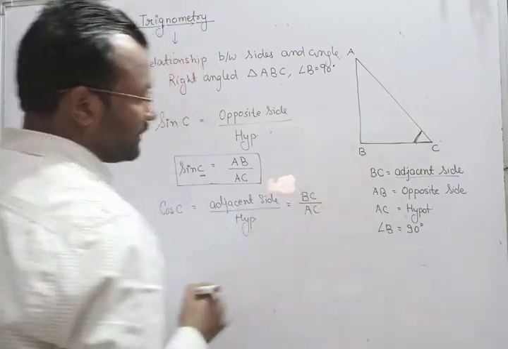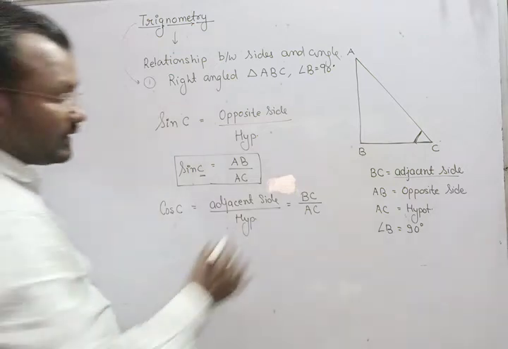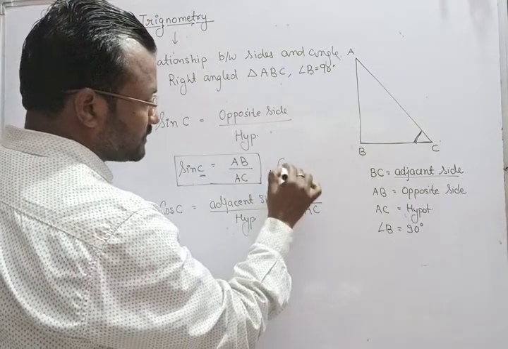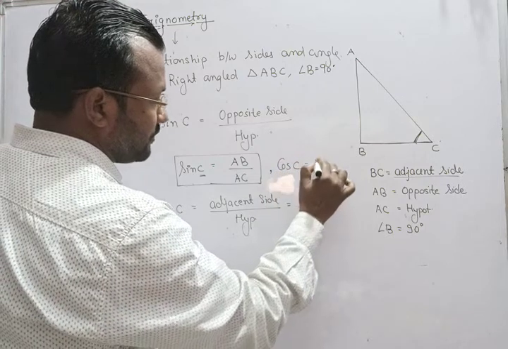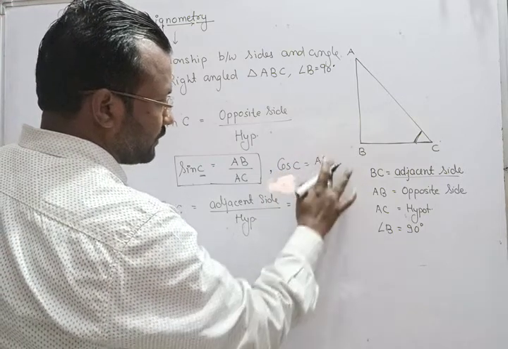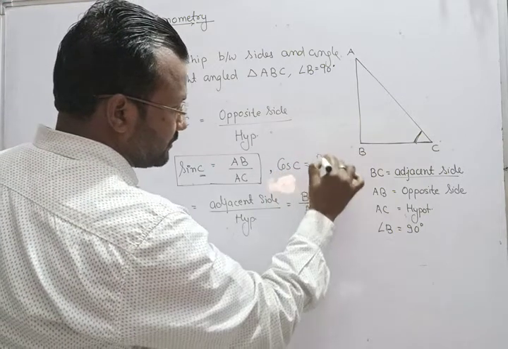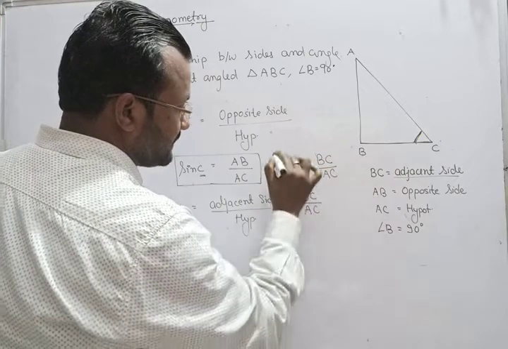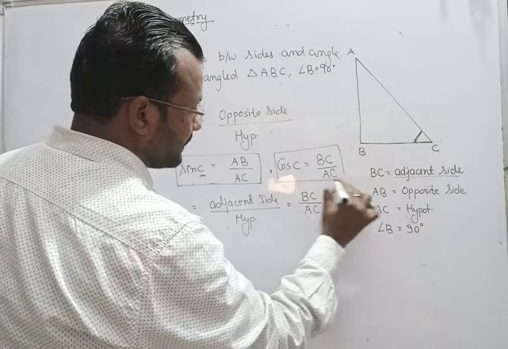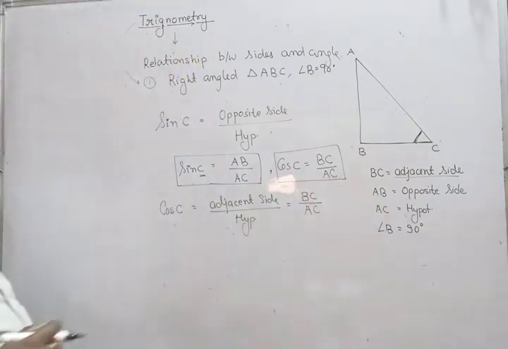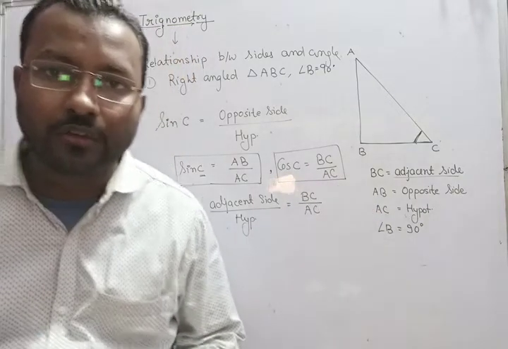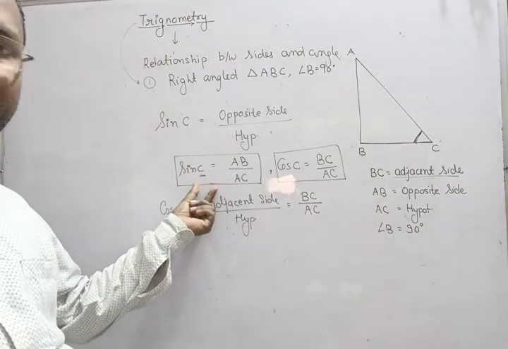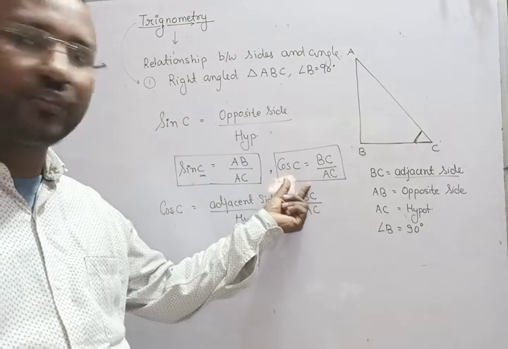So cos C is equal to BC over AC. This is the second identity we are working with. So we have gone through the value of sin C, and we have gone through the value of cos C.